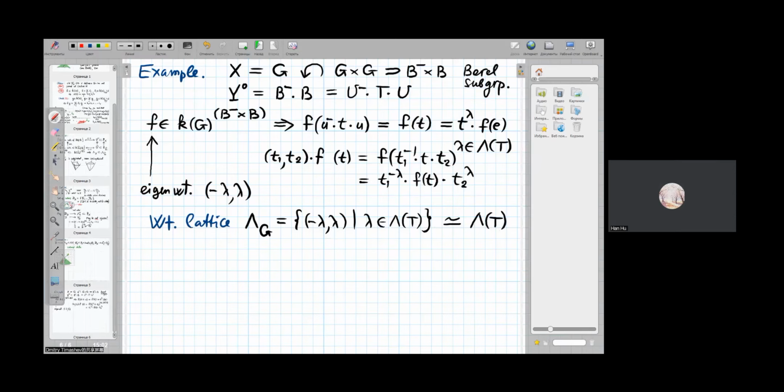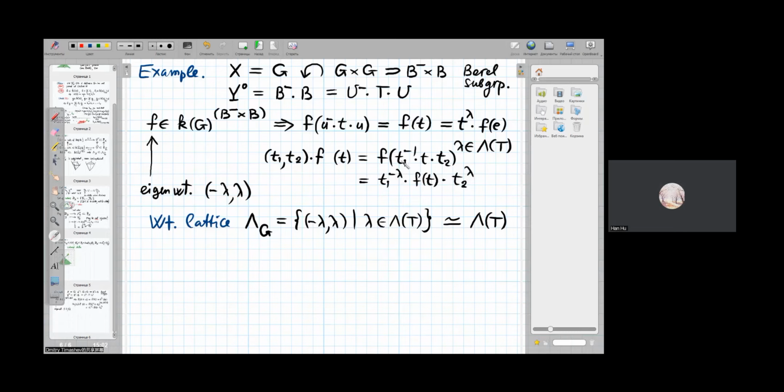Well, why isn't it a minus lambda? I mean, f of t equals t to the minus lambda. Oh, I mean, here we have lambda. Since f is semi-invariant, t acting on f should be f of the inverse of t times something. I mean, the action on f should be the inverse action on the variable. This is what is written here.